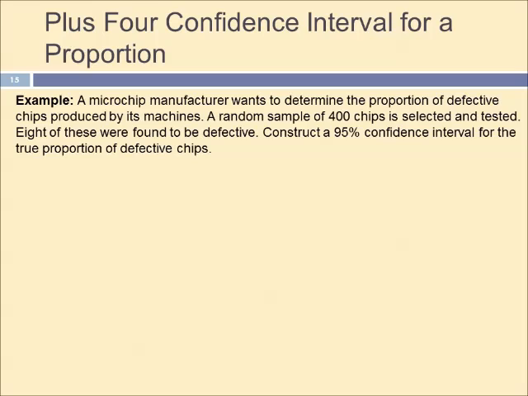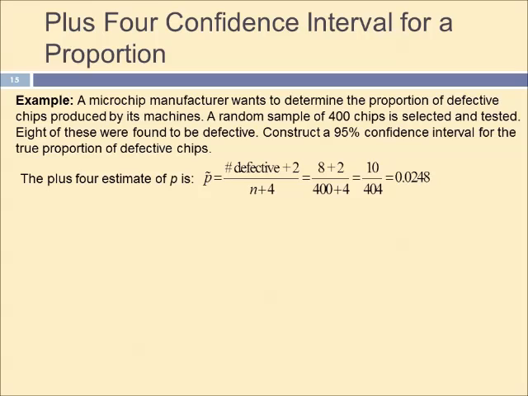So let's try this out. A microchip manufacturer wants to determine the proportion of defective chips produced by its machines. A random sample of 400 chips is selected and tested. 8 of these were found to be defective, and we want to construct a 95% confidence interval for the true proportion of defective chips of the manufacturer.